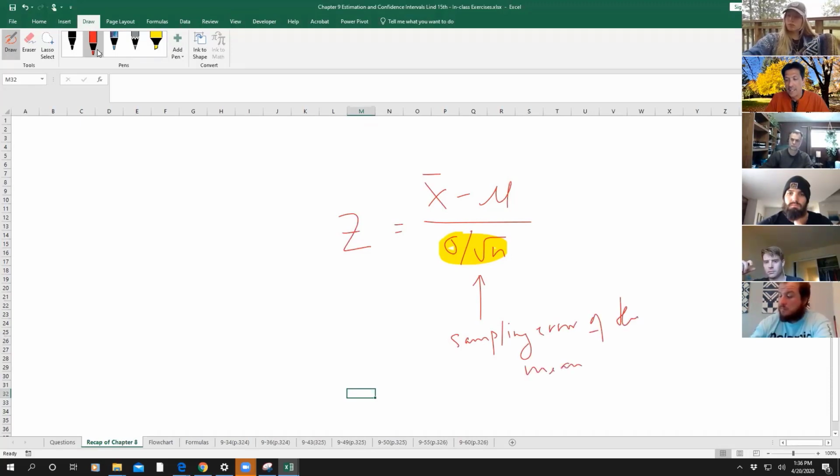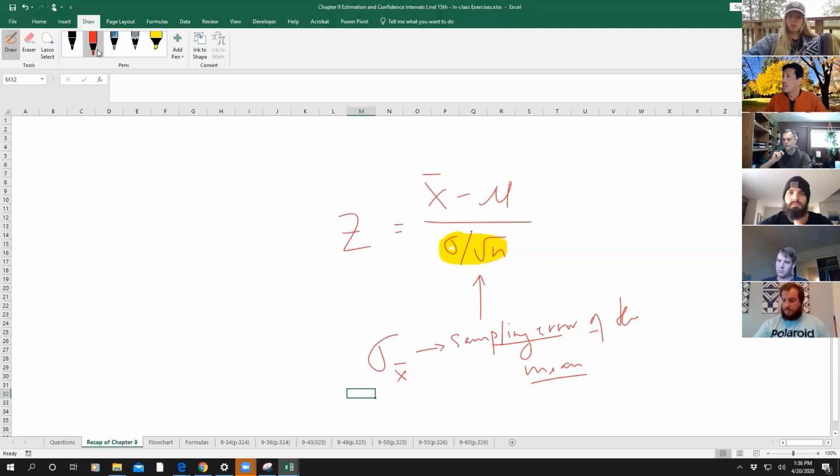All right. In other words, we simply computed the standard deviation of all the x bars. So this is the definition of the sampling error of the mean.